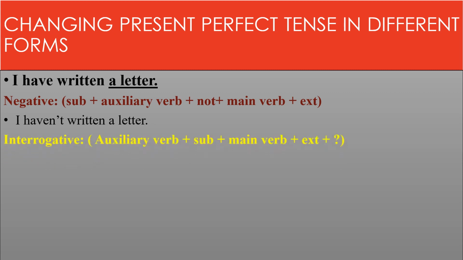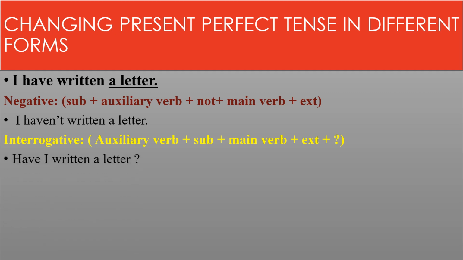Next, if you want to make the first sentence, the affirmative sentence, into interrogative, again you have to follow a structure. To make an interrogative you have to write the auxiliary verb before the subject, then main verb plus extension and a question mark at the end of the sentence.